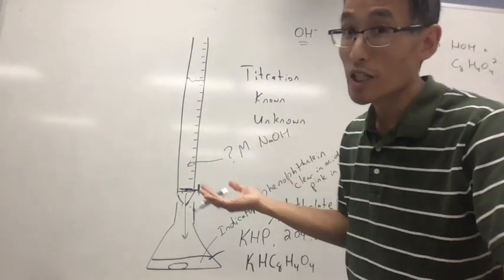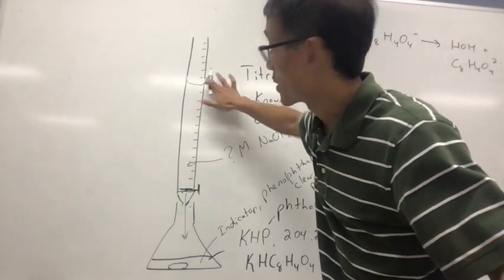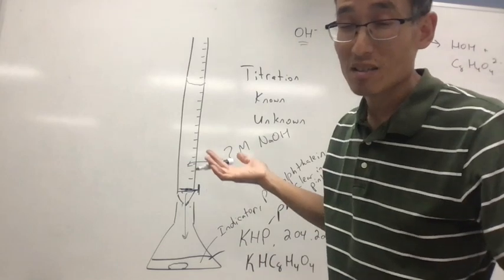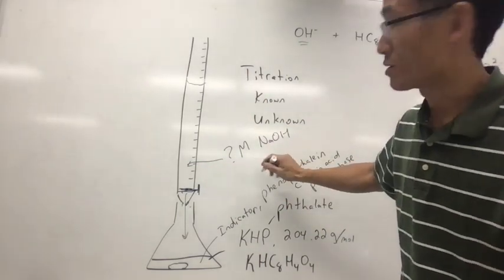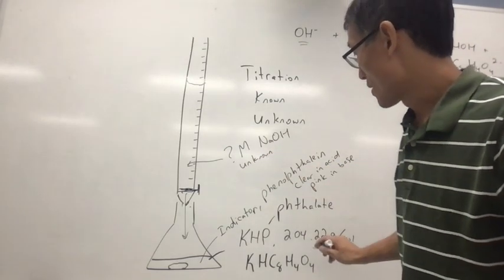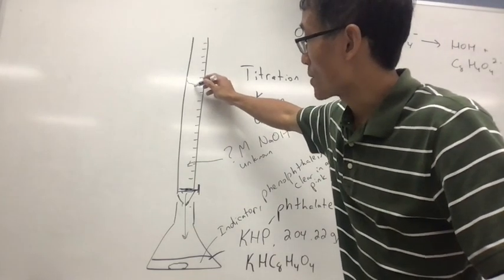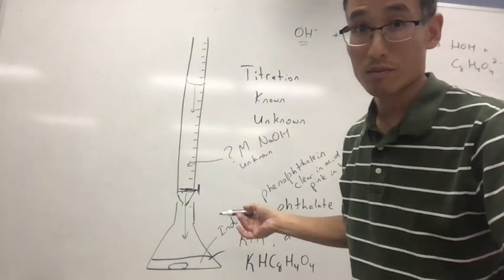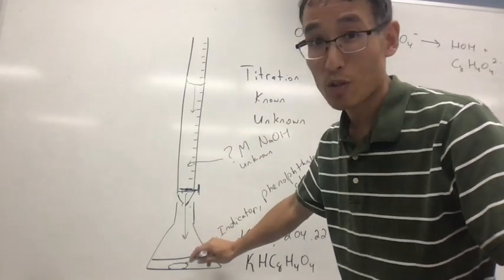Now, it's really important we keep track of the exact amount that we use, because this is our unknown. This is our known. And once we dump in a certain amount, I keep track of this down here.